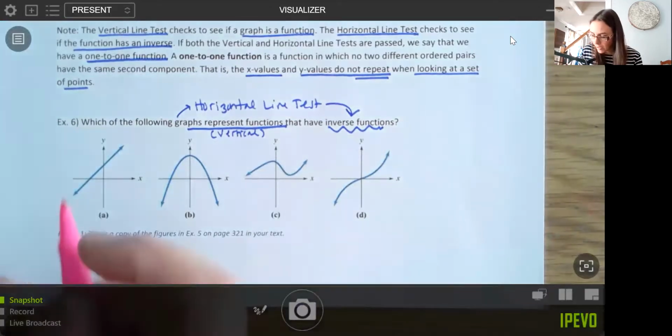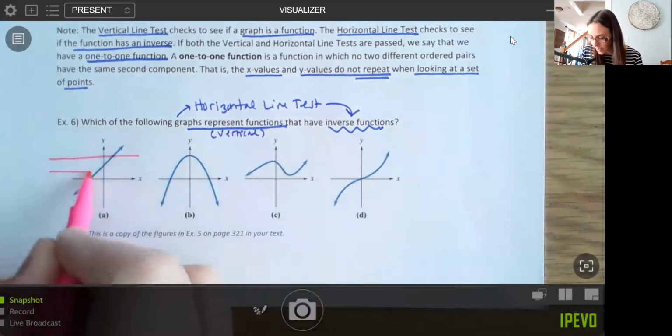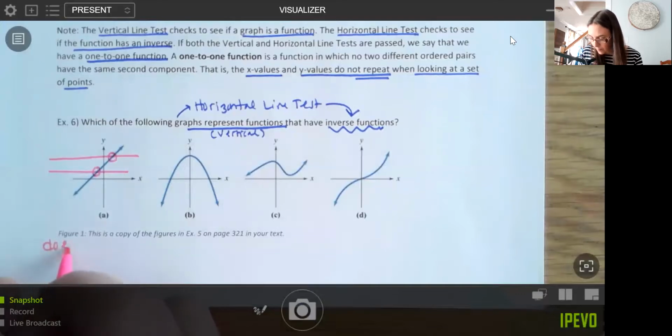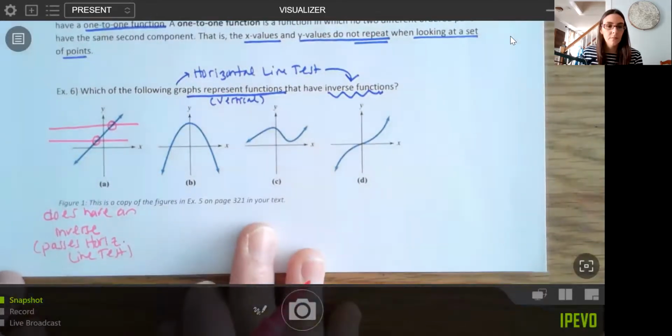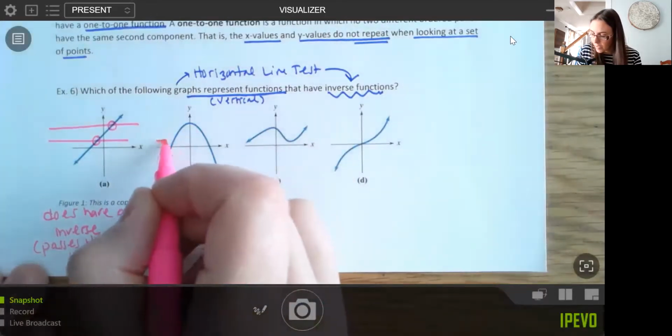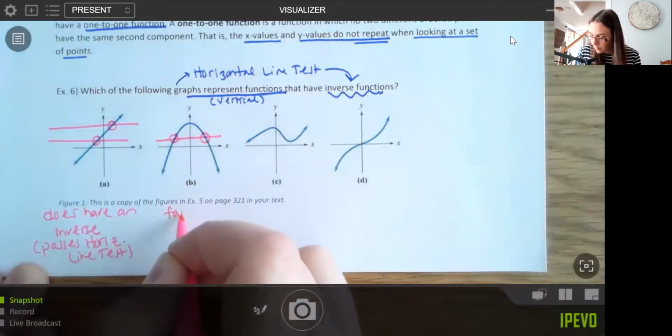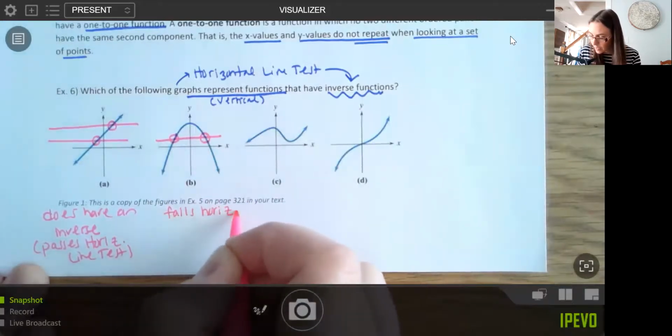So if I look at this one here and I try to draw horizontal lines through, I see it only hits once. So because we only hit once, this does have an inverse. So this passes the horizontal line test. Something like this right here, see how it hits twice? So this fails the horizontal line test.